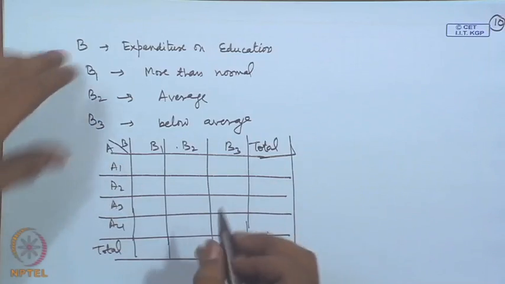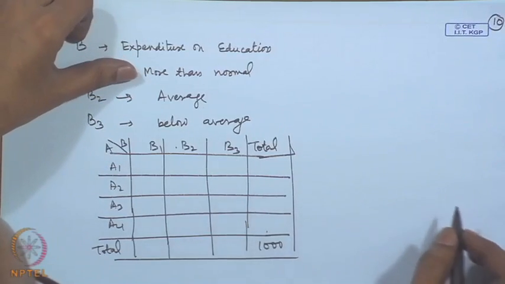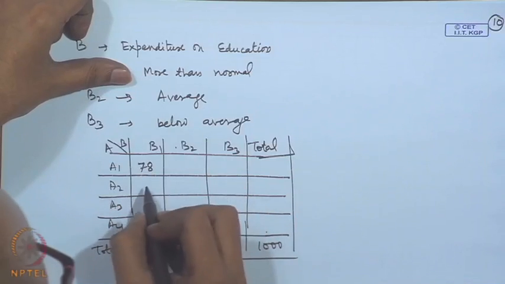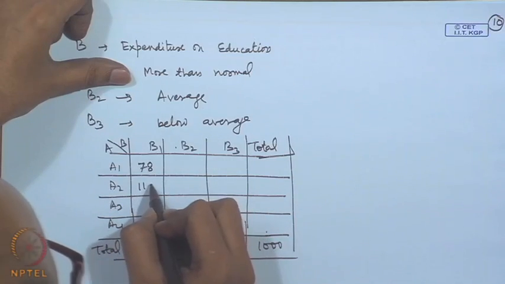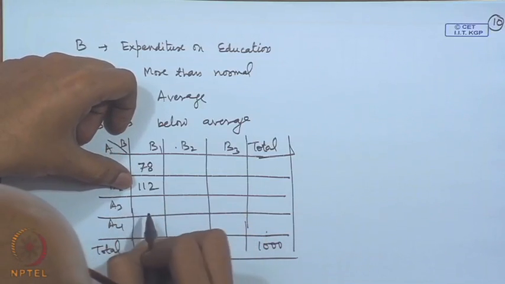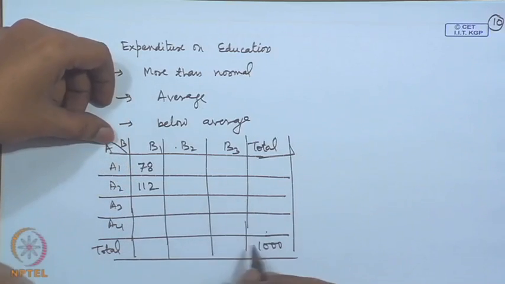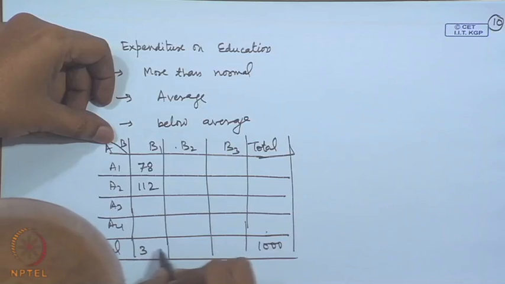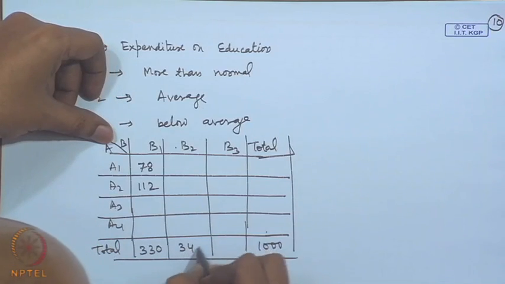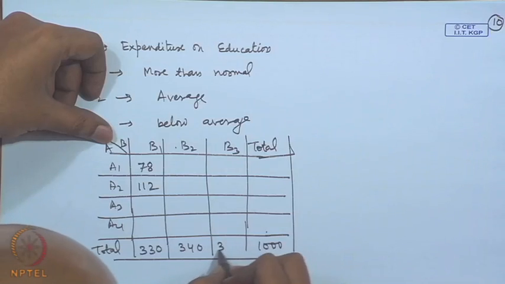I am just creating hypothetical data here, say 78, 112. Let me put some rough numbers here, say 330, 340 and 330.